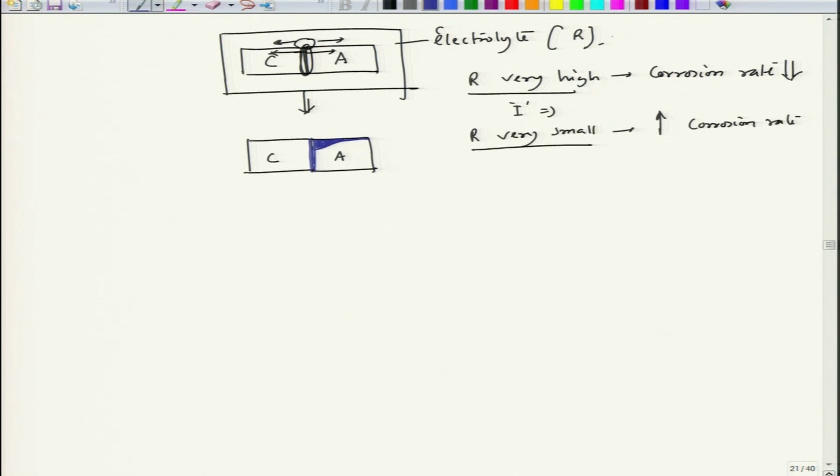Just to intimate here, because of the resistance, which is solution resistance, if I multiply it by the current, I will get voltage. So, this is also a drop we consider in that circuit. So, this is called resistance polarization.